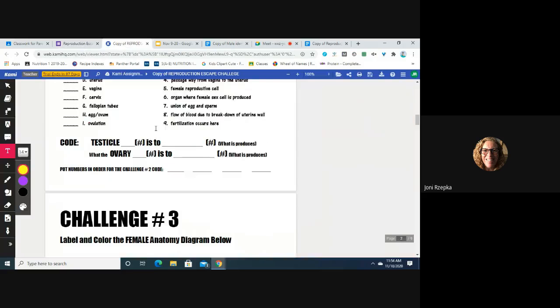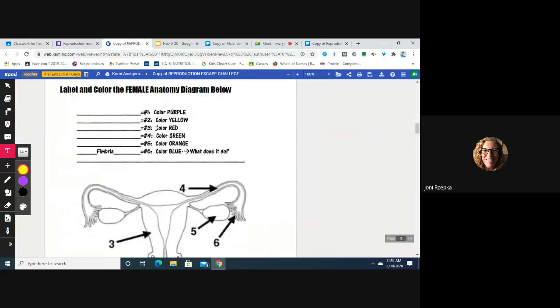So you're going to go back and do challenge number 3. This is asking not only for the identification, but also a color. So what you would do is buff up your color. I have mine on 12. That's really thick. I click on a color, and then I color it in. That's what I need you to do, and also do the labeling.